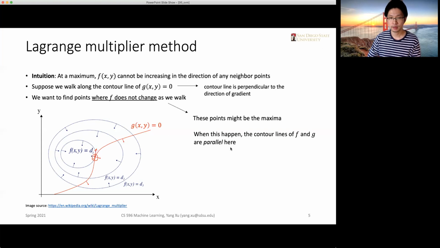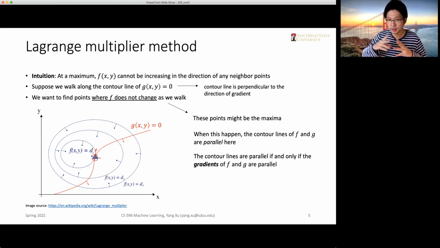So based on these thoughts, the contour lines of the two functions, f and g, at this point should be parallel. That means the gradients should be parallel, because contours are perpendicular to gradients.